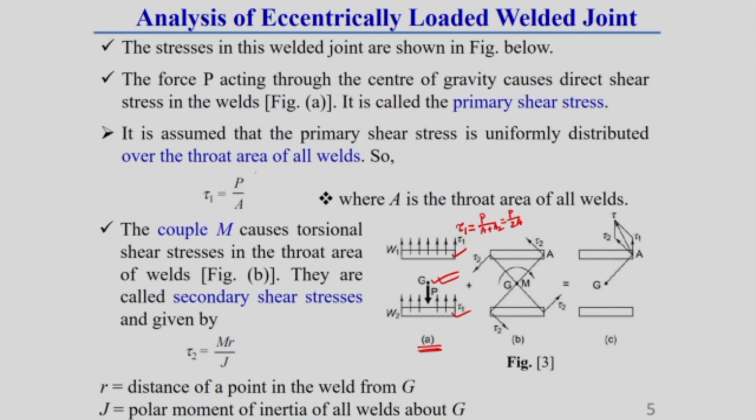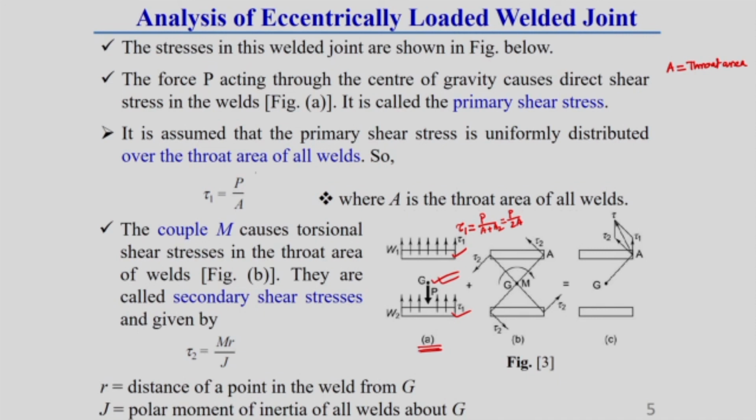Always keep in mind this area is the throat area, because the throat area is the minimum cross sectional area, and where the cross sectional area is minimum, the stress magnitude will be maximum.